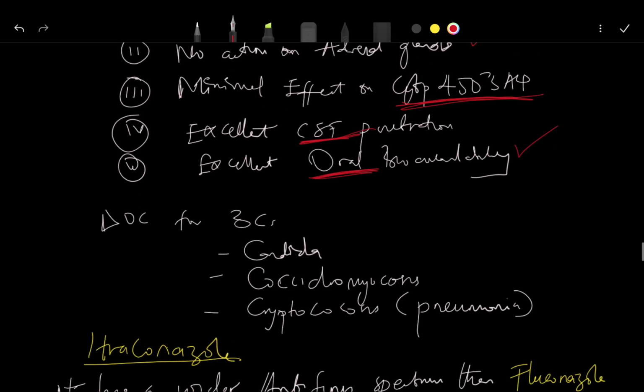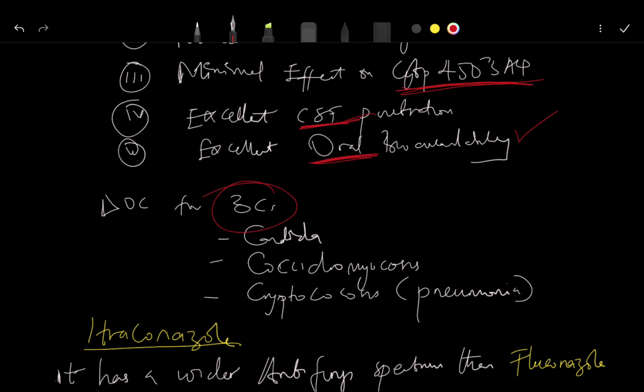Fluconazole is the drug of choice for three C's: Candida, coccidioidomycosis, and cryptococcosis. For cryptococcosis, it is the one that causes pneumonia. You know, when cryptococcus enters the body, it enters through the respiratory system. It is when it has complicated that it will cause cryptococcal meningitis.